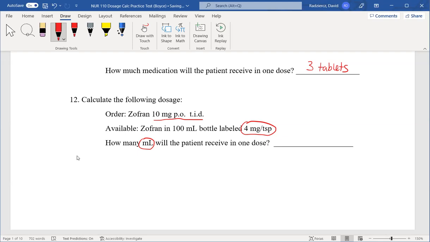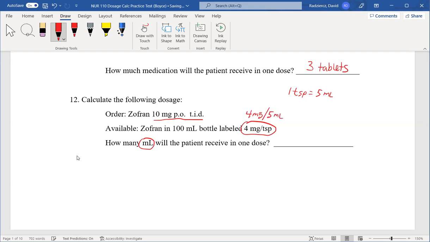Since we know we're looking for milliliters, go ahead and convert, because you should already know that 1 teaspoon is the same thing as 5 milliliters. So I would rewrite this available as 4 milligrams per 5 ml.